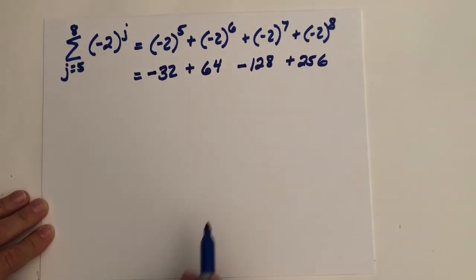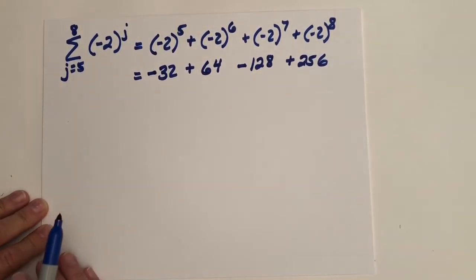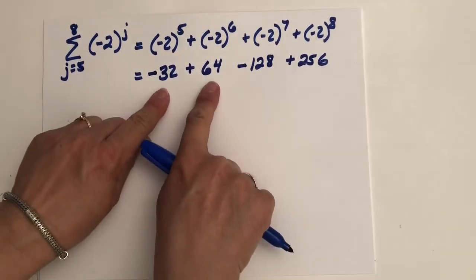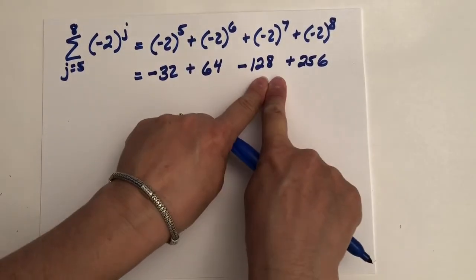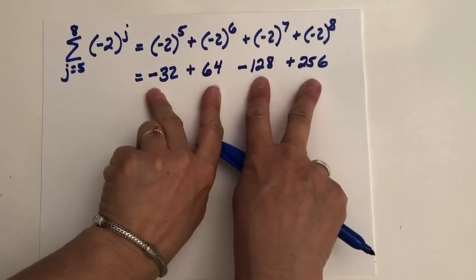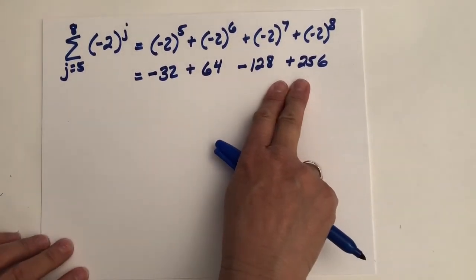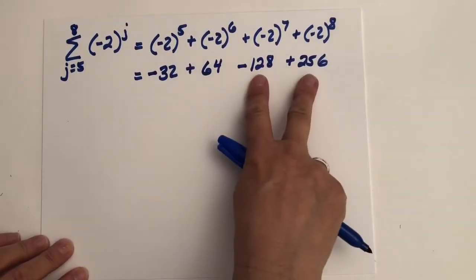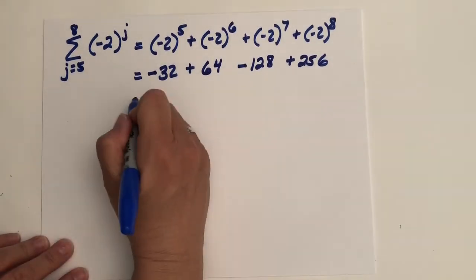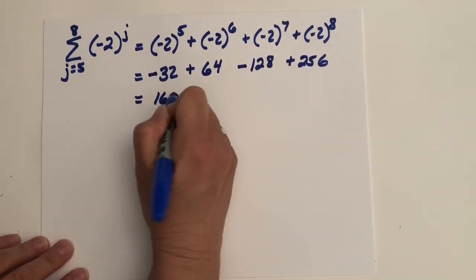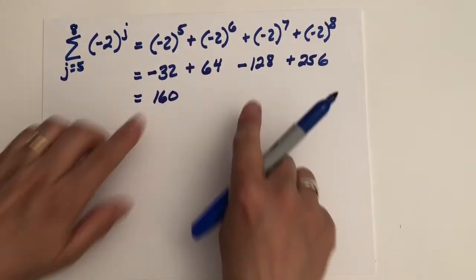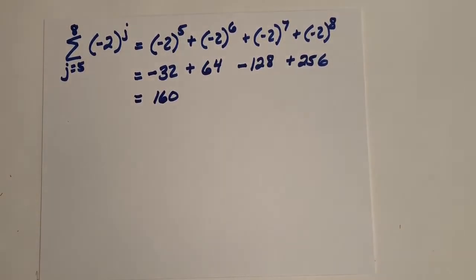So we can add these terms together. Let's see, these two add up to 32, these two add up to 128. I just grouped them that way because it seemed convenient to me. So 32 and 128 is 160. Of course, you can add them from left to right or add the negative ones together and then the positive ones together, however you like. But we should come up with 160.